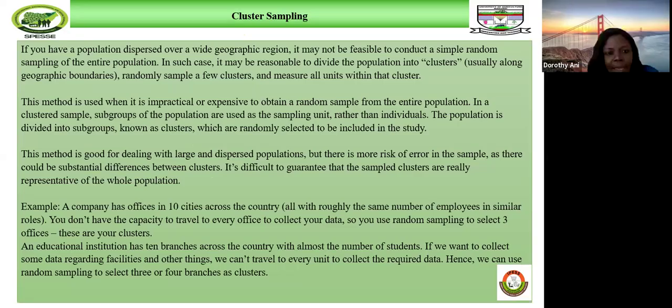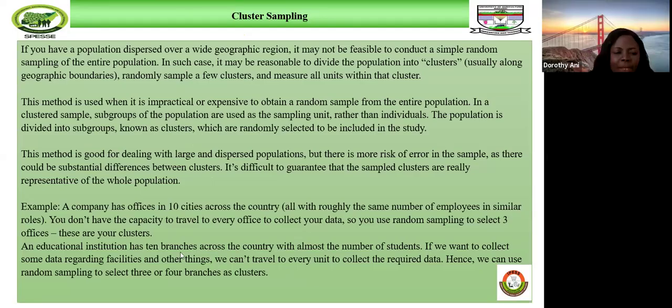Whatever is obtained here in Makurdi should be in other places as well, and everything is almost the same. So I can just randomly select some clusters, some branches that I can say will be representative of the whole population of First Bank.